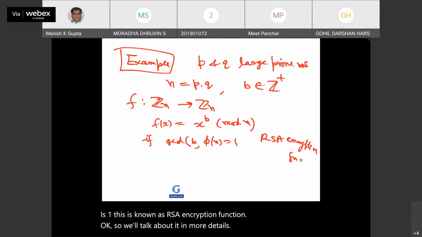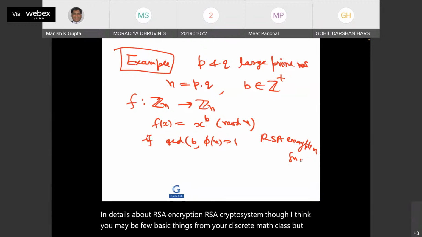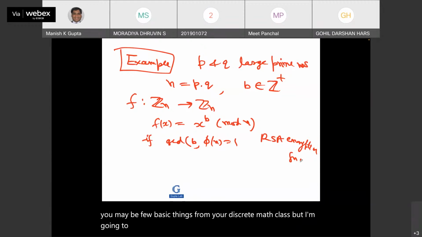Before giving you details about the RSA crypto system, you may be remembering a few basic things from your discrete math class, but I am going to give you much more detail now.